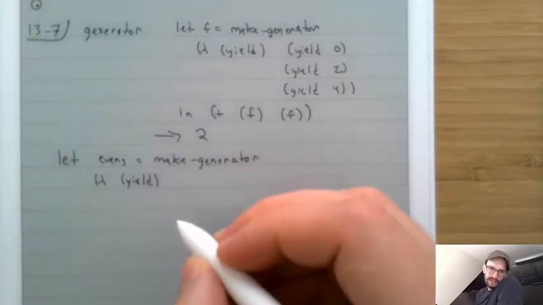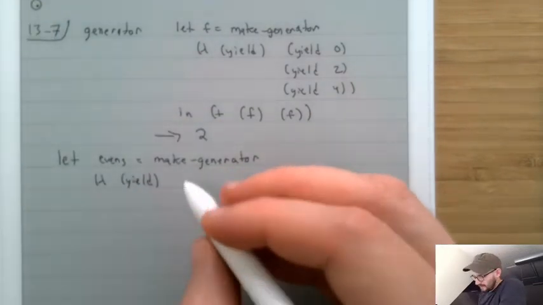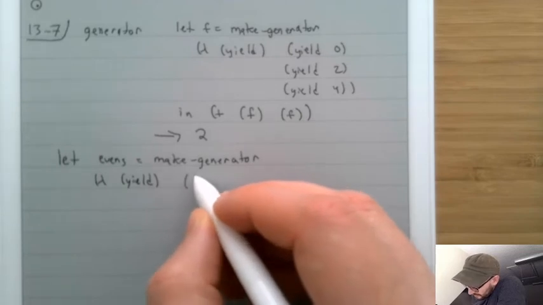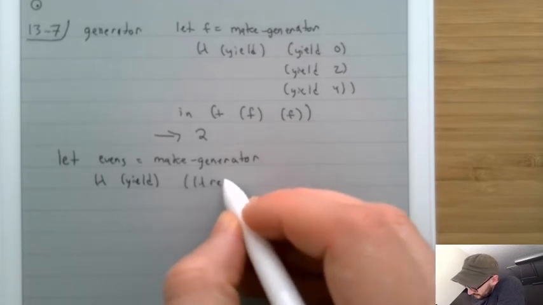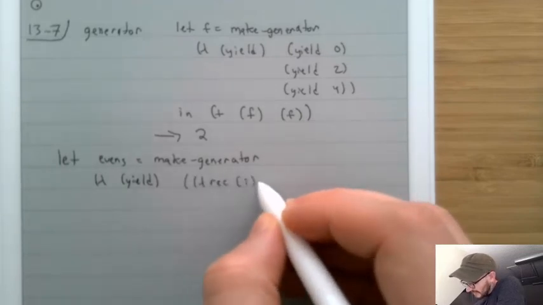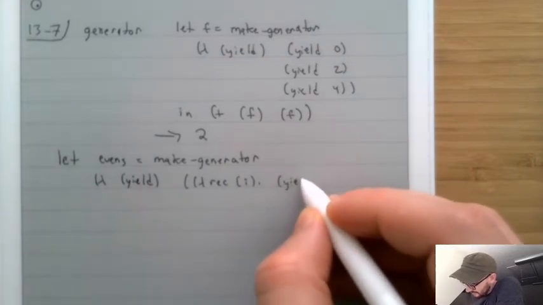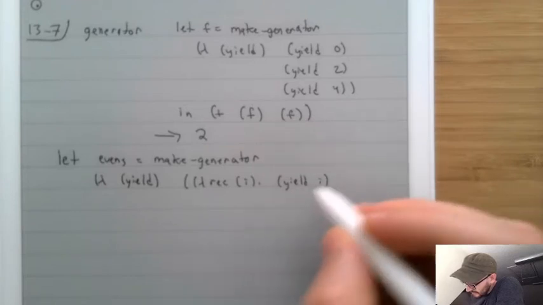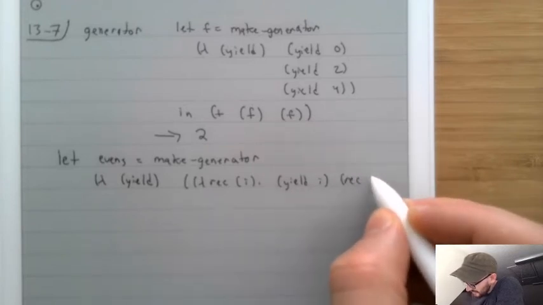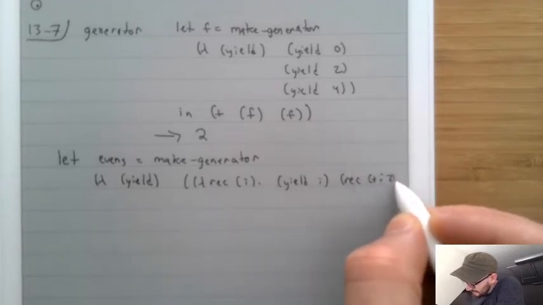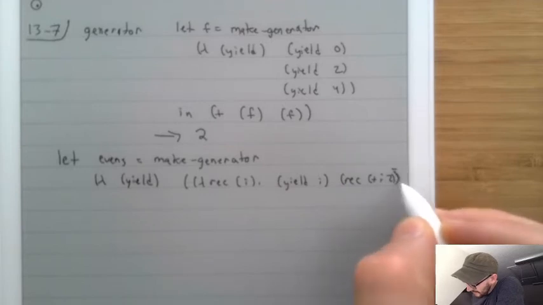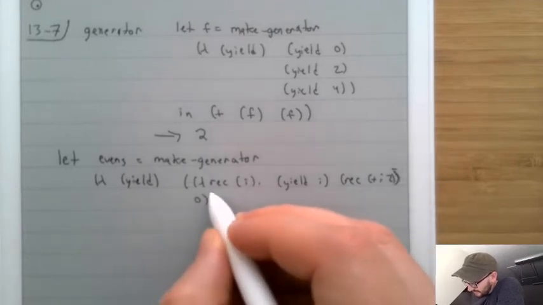Then what we'll do is define a recursive function that takes as an argument I. And what it does is it's going to yield I, and then it's going to call itself recursively with 2 more than I. And then we'll start off by calling it with 0.